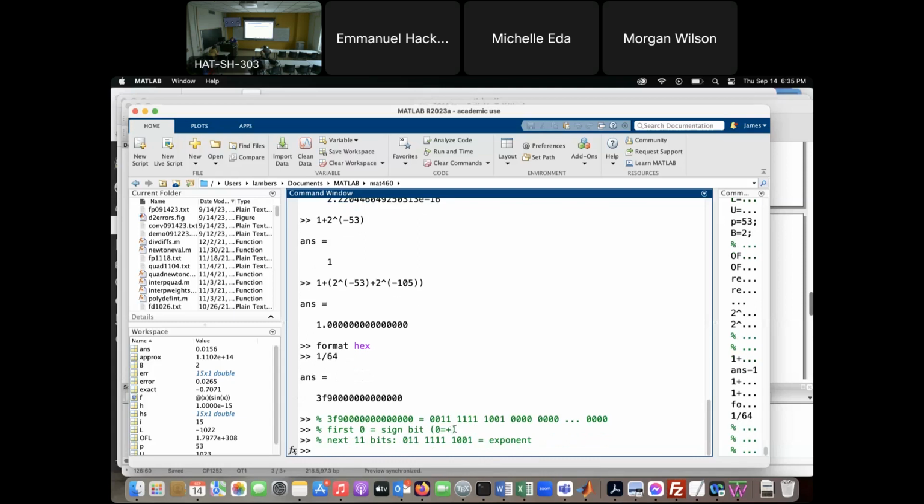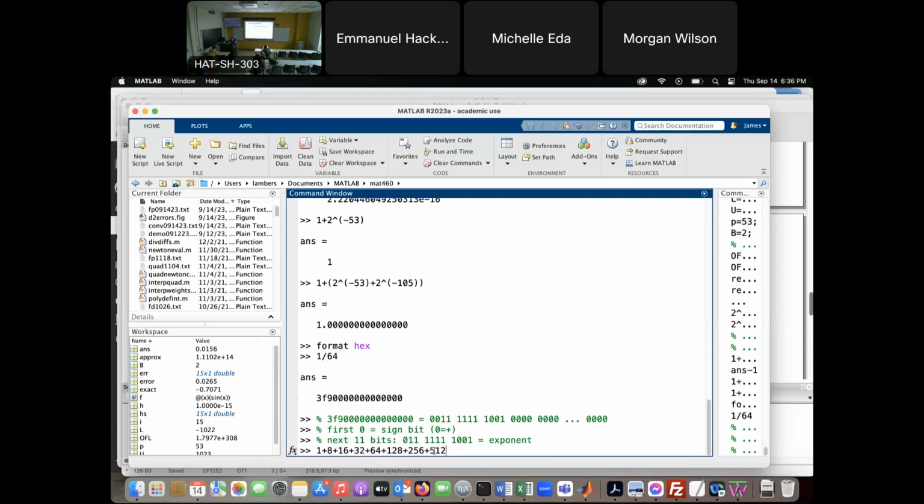If I start counting from right to left, this is my ones place, then 2, 4, 8, and so on.